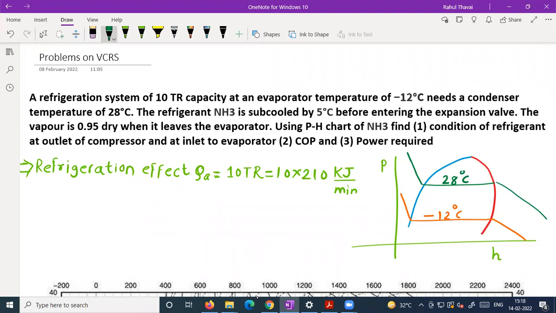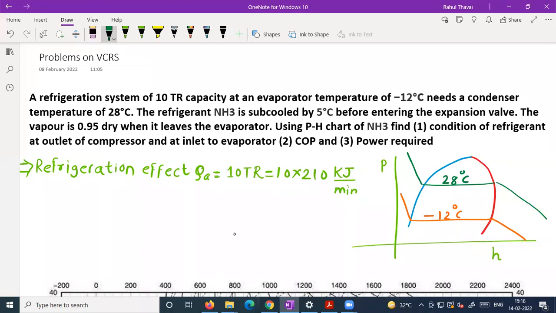You will have only 2 terms, either in terms of condenser or evaporator. Here temperature is given, an evaporator temperature of -12 degrees Celsius, so along this line at any point temperature is constant.